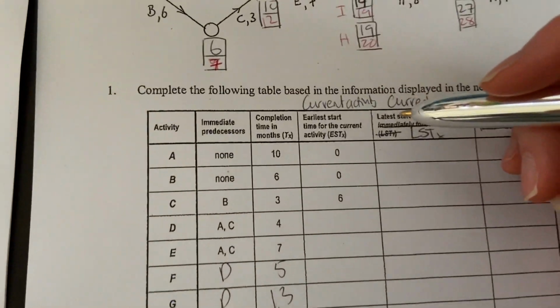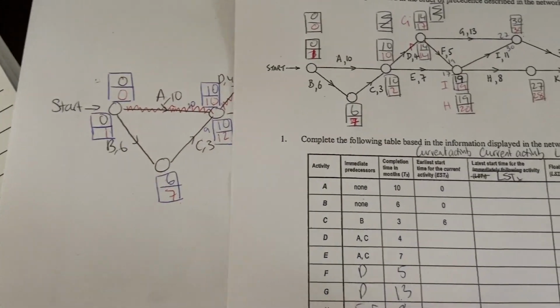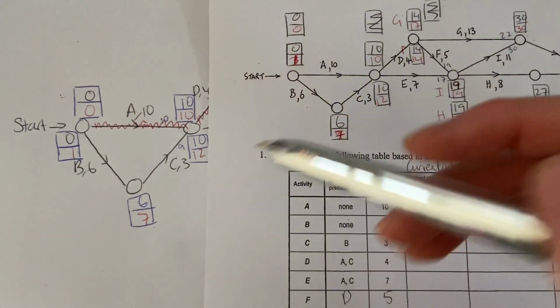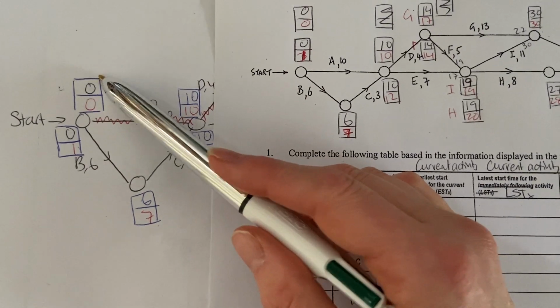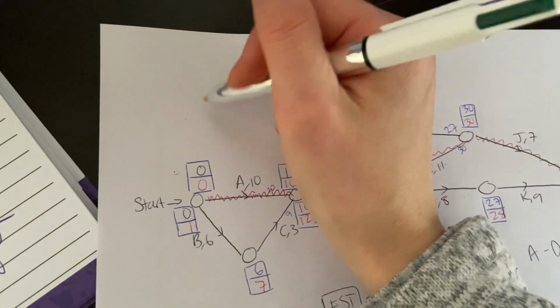Okay, so let's go through everything. So activity A, these are the boxes for activity A. Before you do this, this is when you should actually maybe put some labels in.